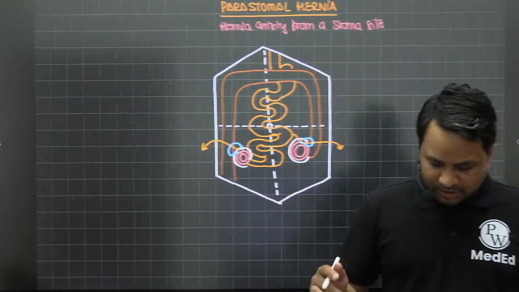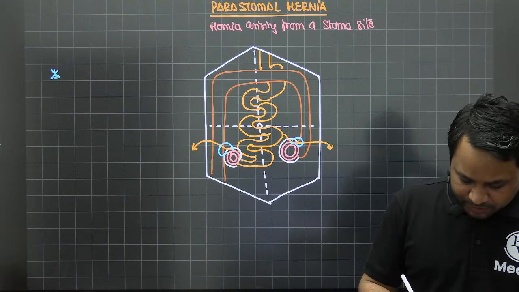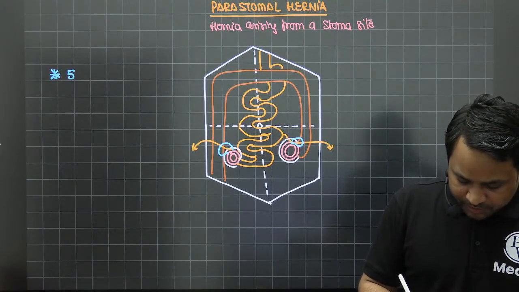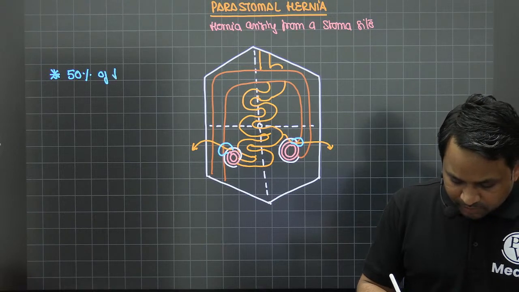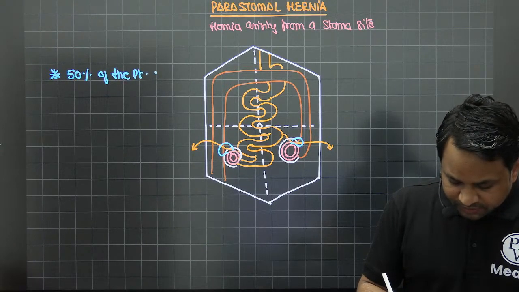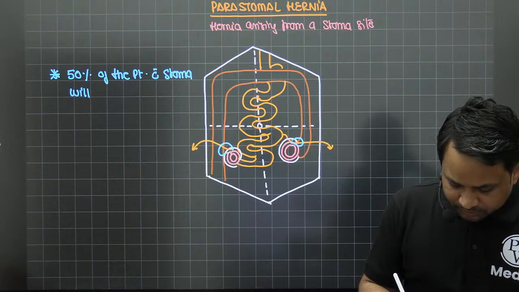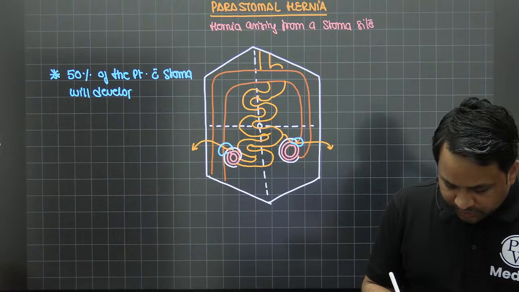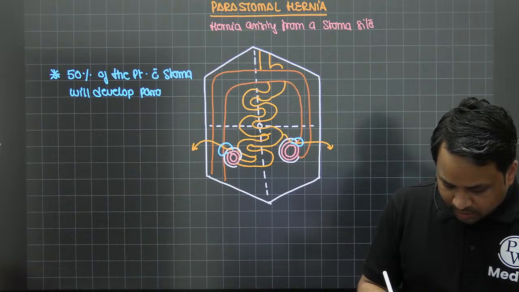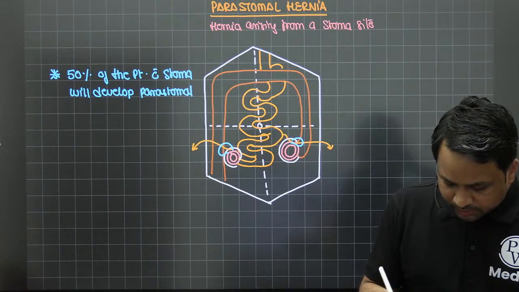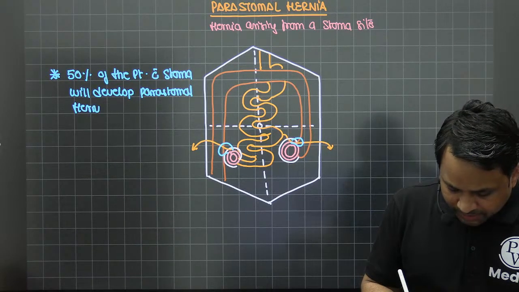Problem here is it is anticipated in 50% of the patients. So 50% of the patients with stoma will develop a parastomal hernia.